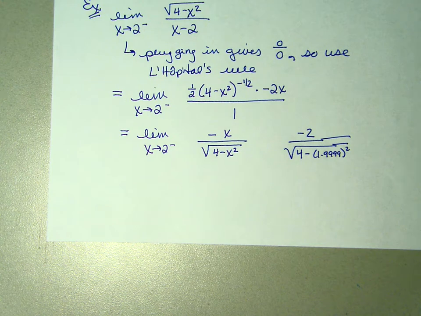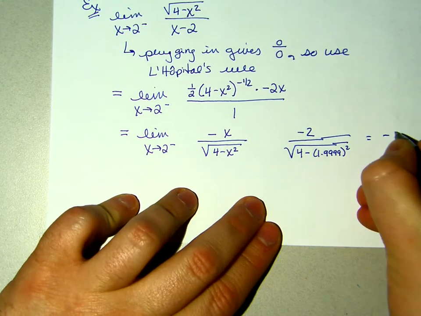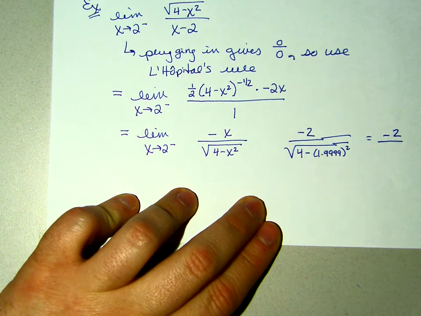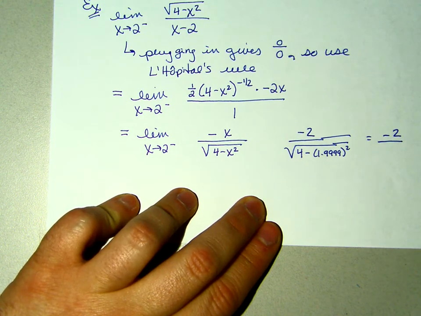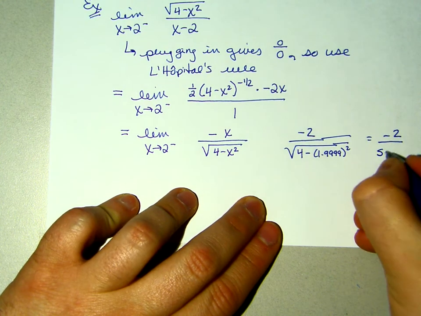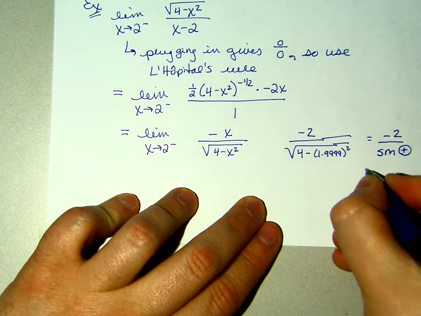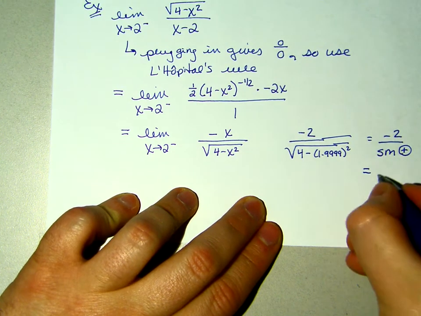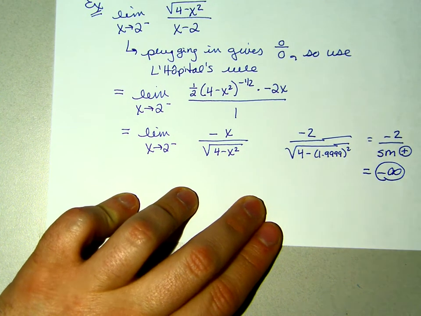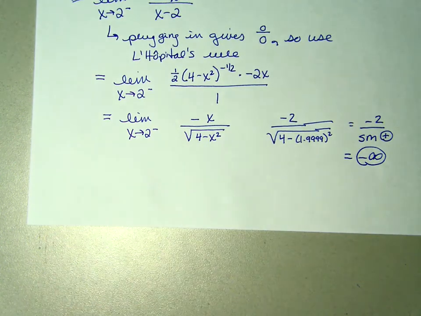Well, that's really good because we couldn't handle the square root of a small negative. We're going to get negative 2 over the square root of a small positive. Square root of a small positive is still a small positive. So negative 2 over a small positive. What's the answer? Negative infinity. All those things that we did earlier in the year still apply. If you don't remember that stuff, I've got some examples of those in the packets that I just handed out.